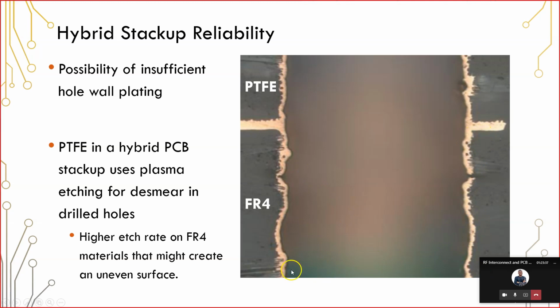So if this etching rate were uniform across the entire hole wall, then that would be fine. That's not a problem. However, it's not uniform, and you can clearly see that in this image here. And so the result is that you can get insufficient hole plating in the FR4 region, and this can create an uneven surface and possibly a cracked surface.